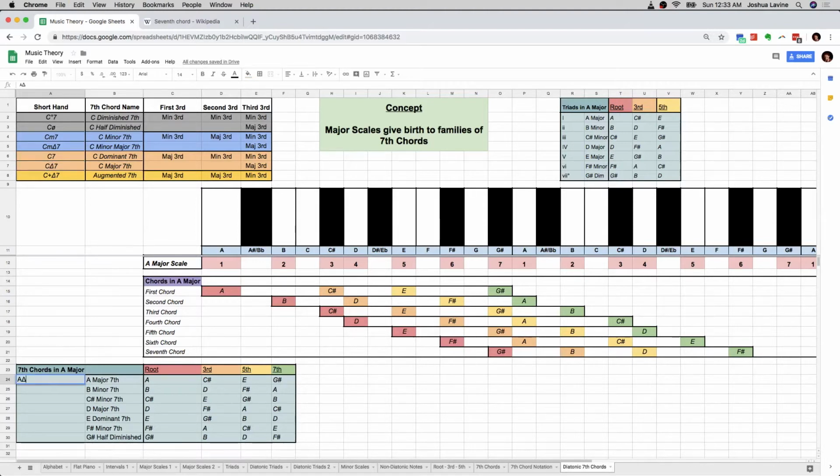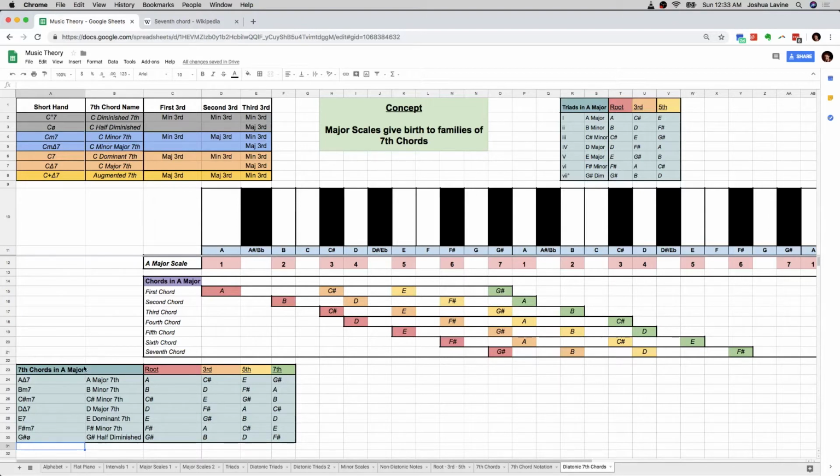A major 7, B minor 7, C sharp minor 7, D triangle major 7, E straight up 7, that's my shorthand for E7, F sharp minor 7, and then G sharp half diminished is going to take advantage of this funny little symbol here. So G sharp half diminished.